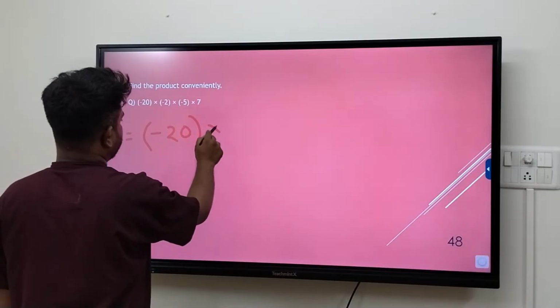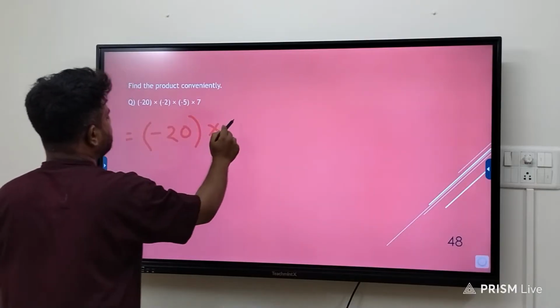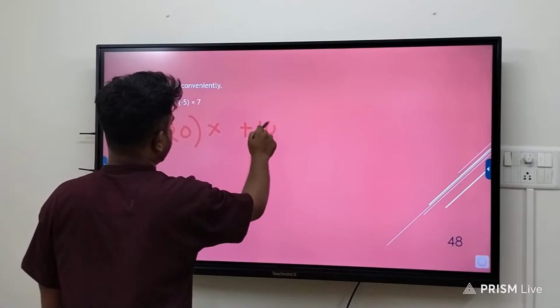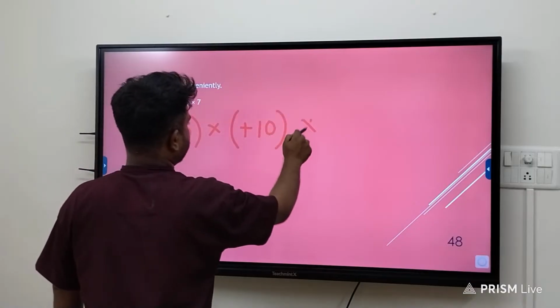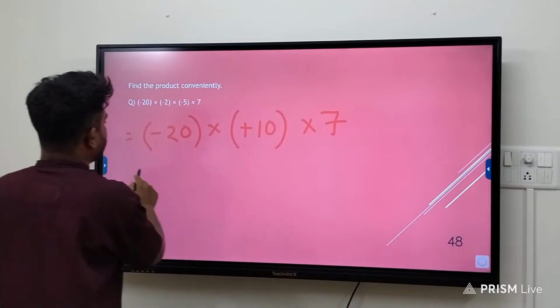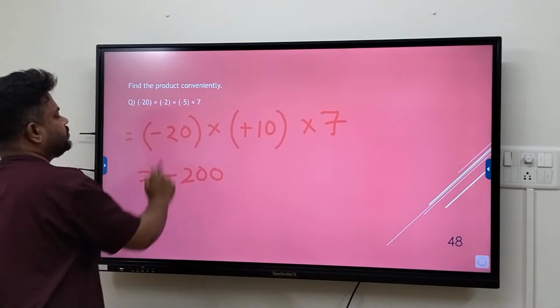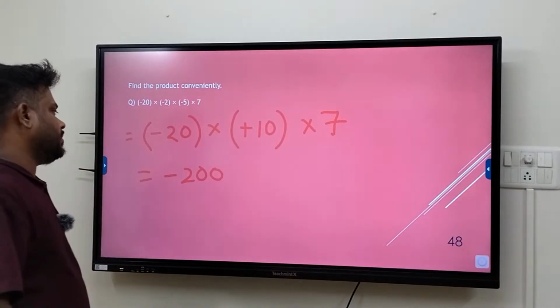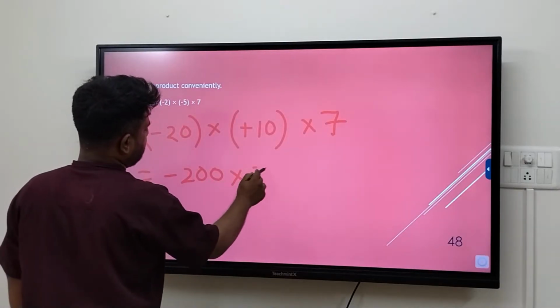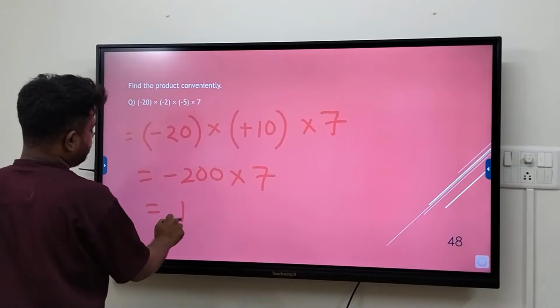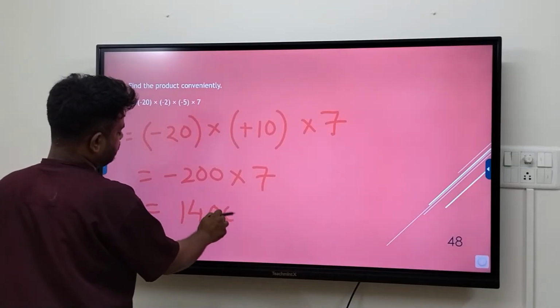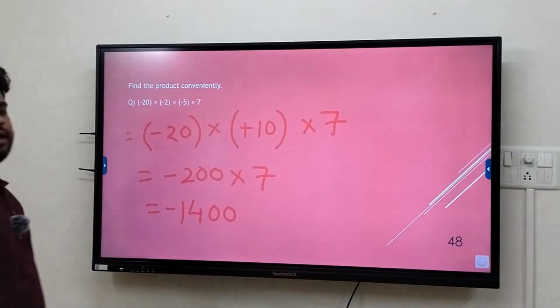Minus 20 into minus 5 and minus 2 gives us plus 10. We can write it like this, and minus these two numbers will give us minus 200 into 7. 7 into 2 will give us 14, then 2 double zeros, and it will be minus.